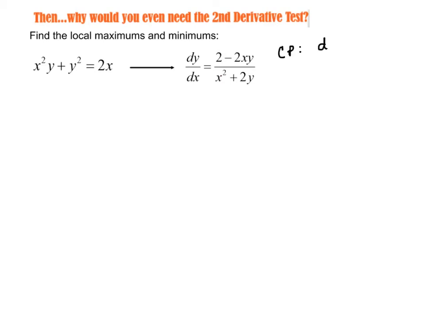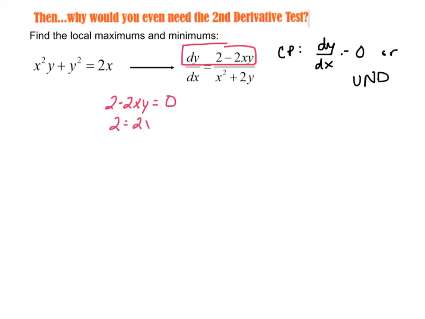Now, I'm going to focus on equal to 0 just in the interest of time. So where the derivative is 0 is whenever the numerator is equal to 0. If the denominator were 0, of course, that would make it undefined. It would be a vertical tangent instead of a horizontal. But I'm going to focus on making the numerator 0 for now.